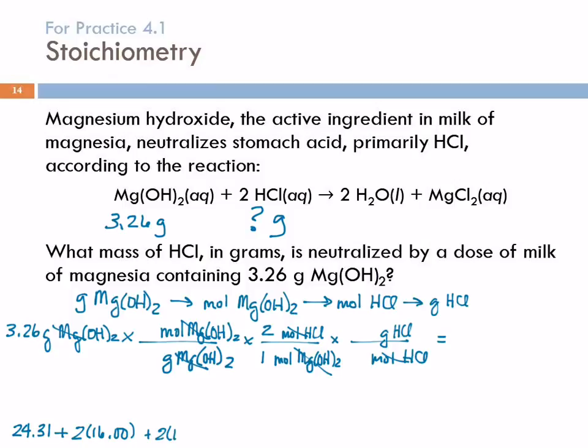So 2 times the mass of hydrogen. 24.31 plus 2 times 16 plus 2 times 1.008 equals 58.326 grams per mole.